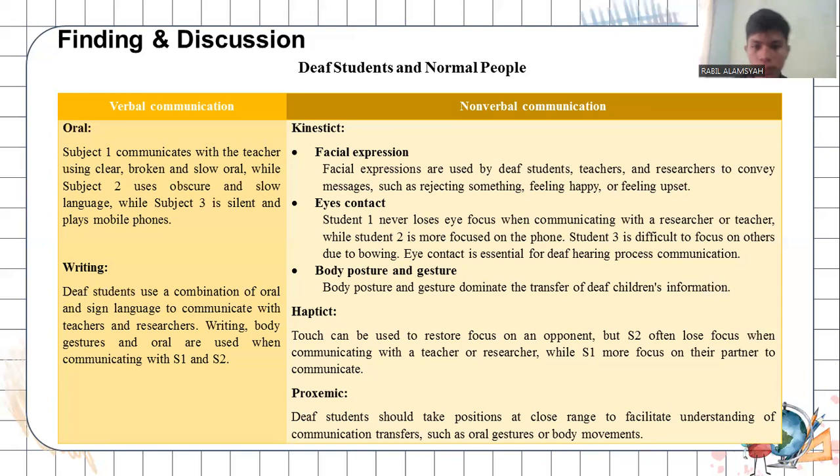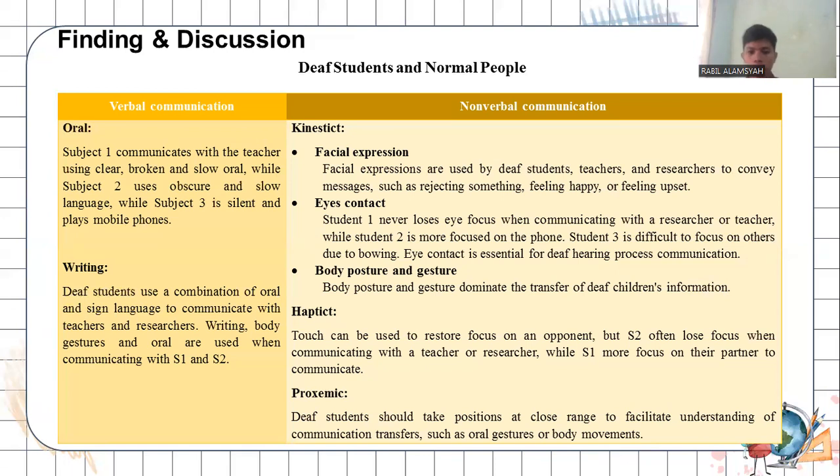The body posture and gesture. The body posture and gesture dominate the transfer of deaf children's information. Haptic. Touch can be used to restore focus on an opponent, but students too often lose focus when communicating with a teacher or researchers, while students want more focus on their partner to communicate.